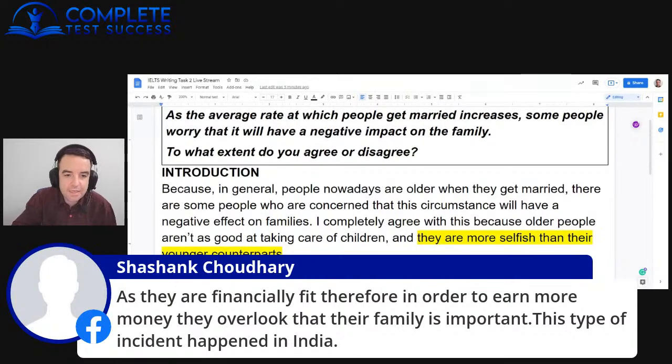Shashank, as they are financially fit, therefore, in order to earn more money, they overlook that their family is important. So you say financially fit. I don't know what that phrase means, but I would guess it means because they're in a good situation financially.